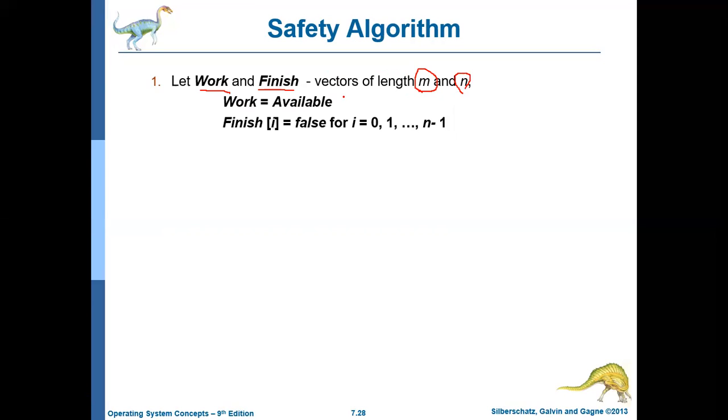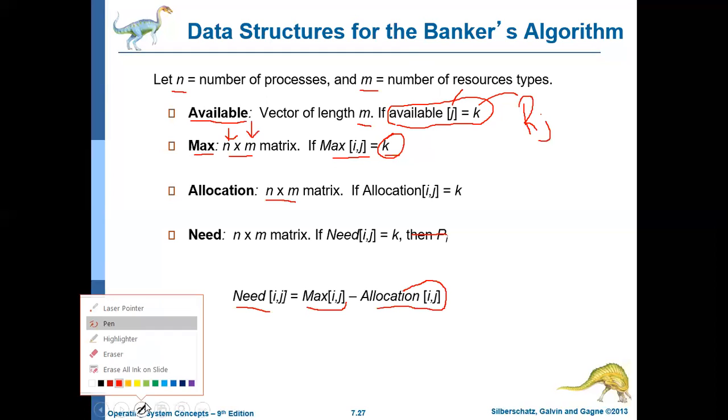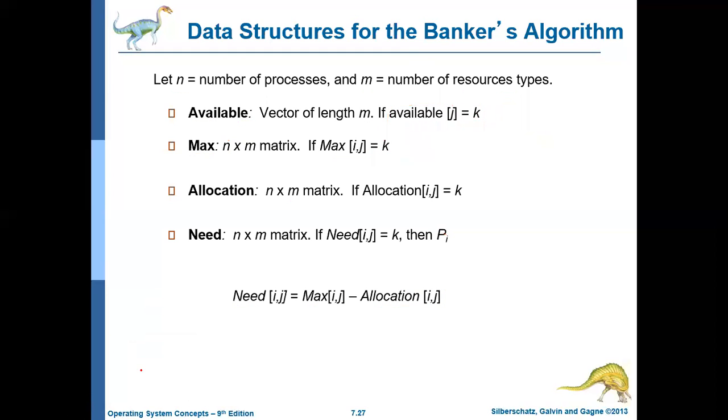What is available? You just recollect. Available is a vector, which we discussed in the previous slide. Available is a vector of length m, that is, the number of resource types. If available of j equal to k, then it means that currently k instances of resource j are available with the operating system.